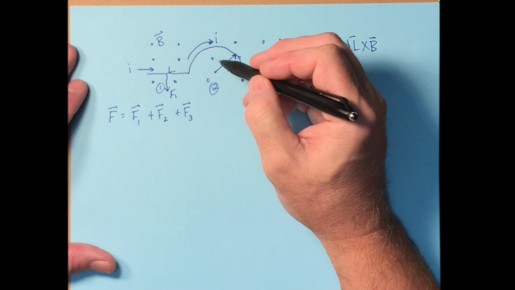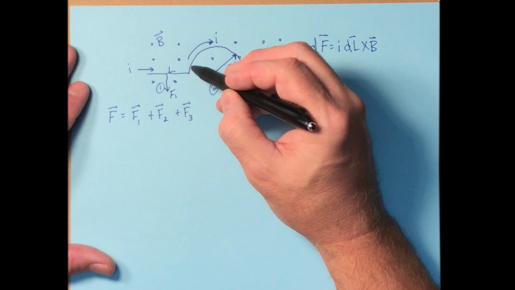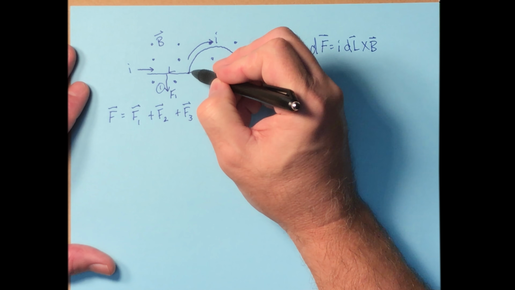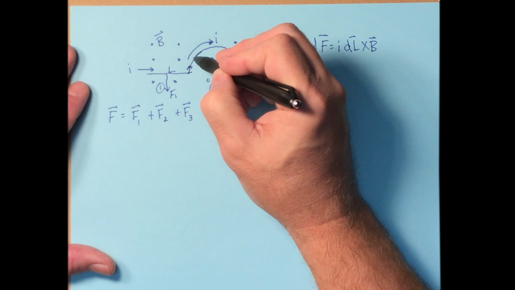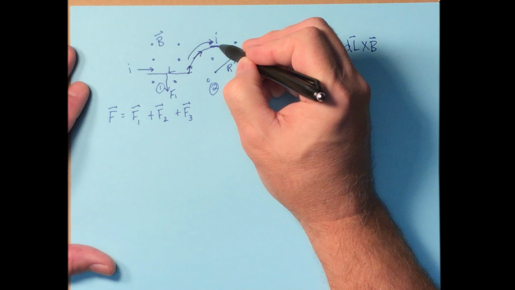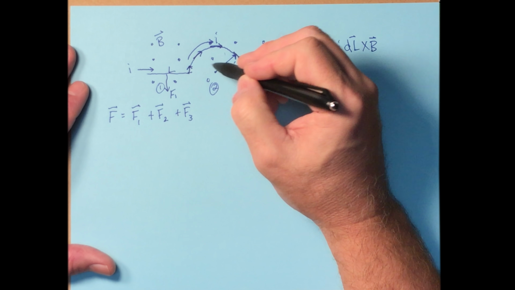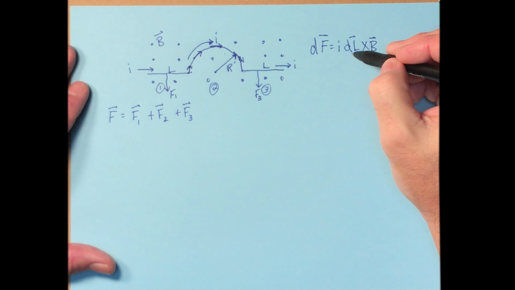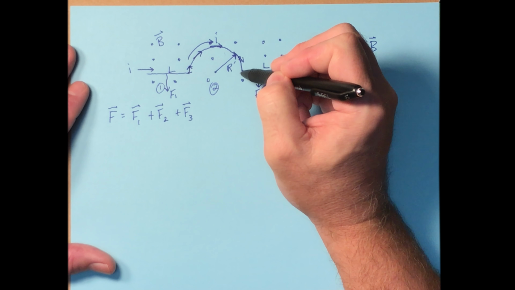Now we've still got force 2 to contend with here, and that force, because dl is going to change here. For example, over here the dl vector points that way, but over here the dl vector, which is always tangent to our curve here, points that way. At the top dl points that way, over here dl points that way. So you can see the dl vector is going to be a tangent to the curve at every point.